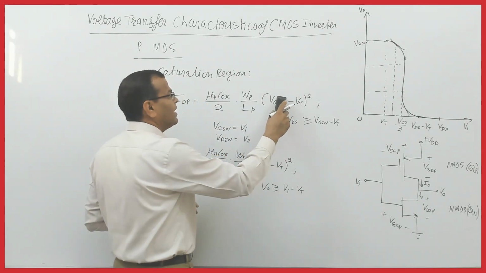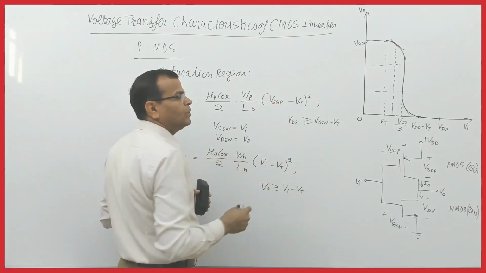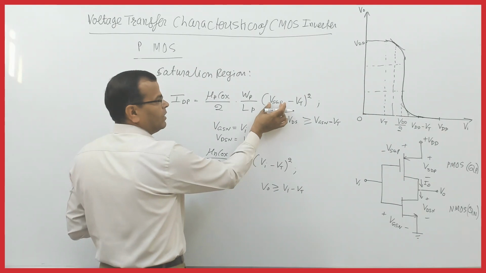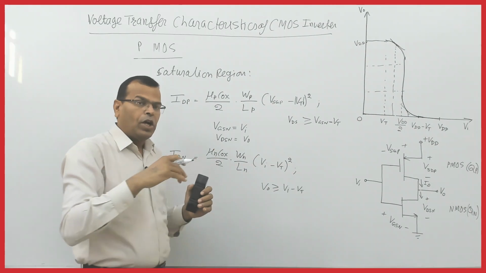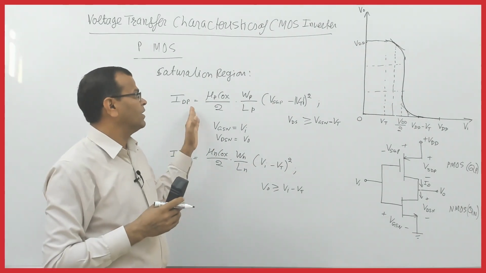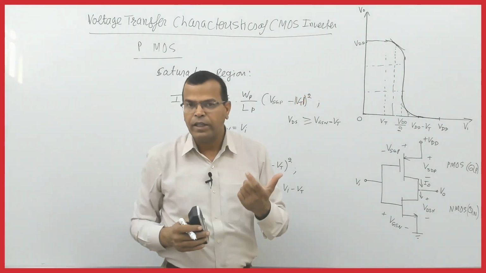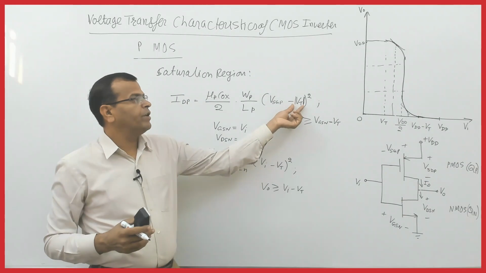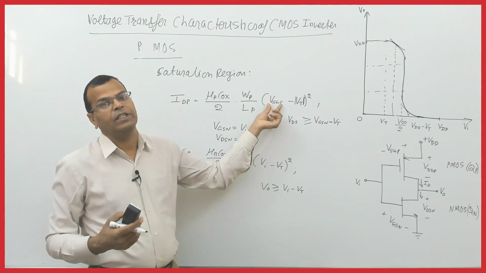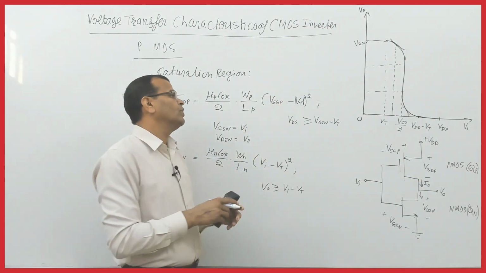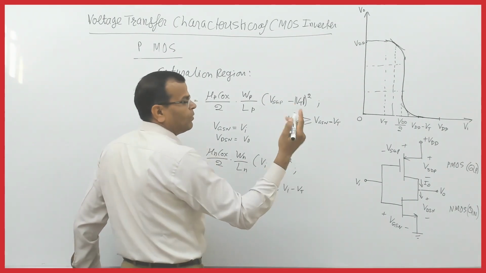So instead of writing VGSP, I will say VSGP. For PMOS, the expression here should not be VGS, it should be VSGP, and put mode here. That is the difference in the expression of drain current for PMOS. The threshold voltage of PMOS is negative, so put mode here, and instead of VGS write VSG, so that is a positive voltage. Similarly here, instead of VDS it is VSDP, because that will be a positive voltage.